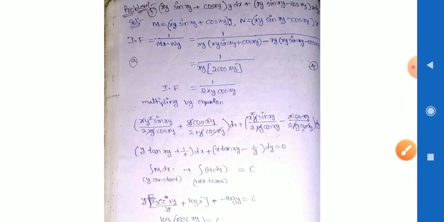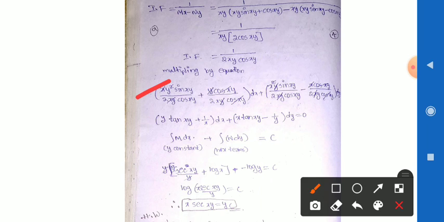We get (xy² sin xy)/(2xy cos xy) + (y cos xy)/(2xy cos xy), here cos xy and y are cancelled, dx + (x²y sin xy)/(2xy cos xy) − (x cos xy)/(2xy cos xy) dy = 0. Here also the y value and x value are cancelled.